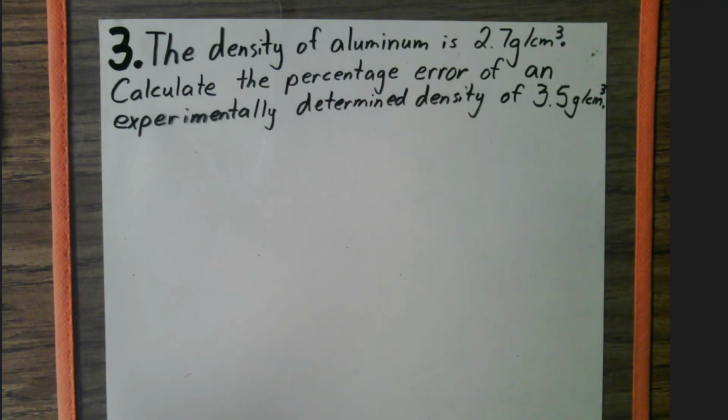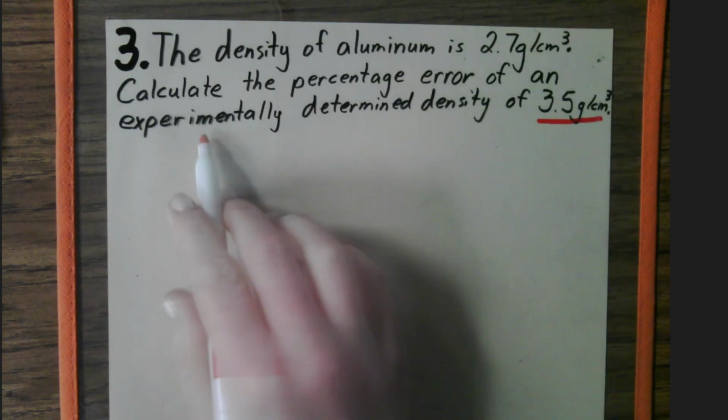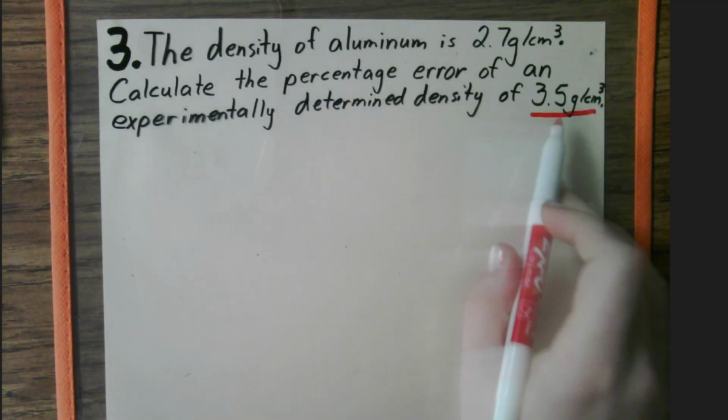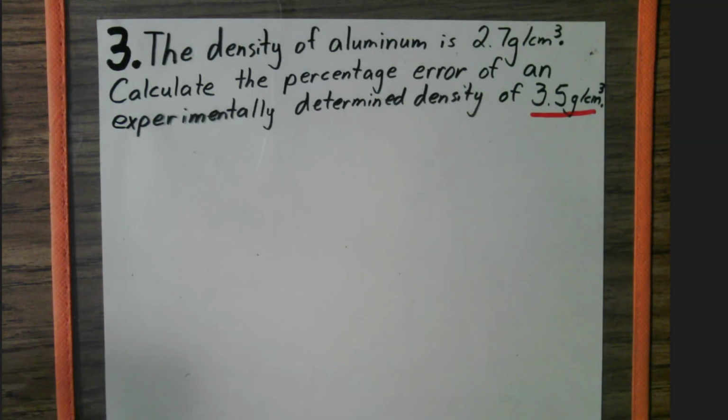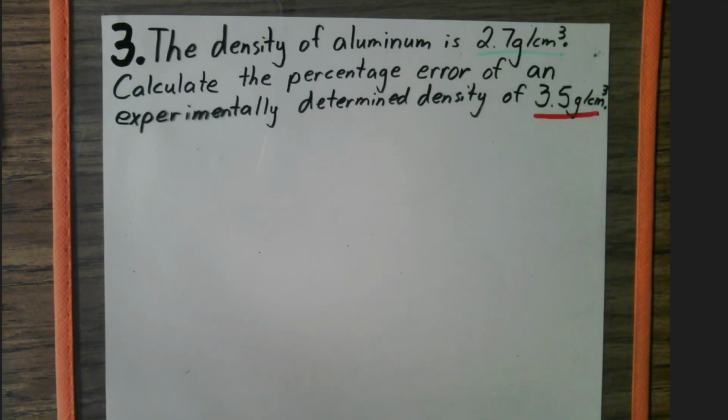So let's find our stuff. Our observed is right here because it says experimentally determined 3.5 grams per centimeters cubed. And our expected is 2.7 grams per centimeters cubed.